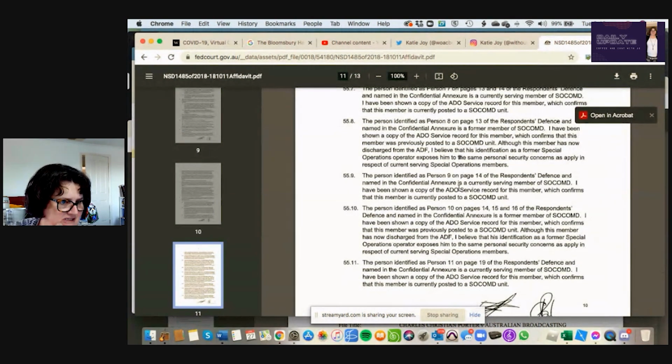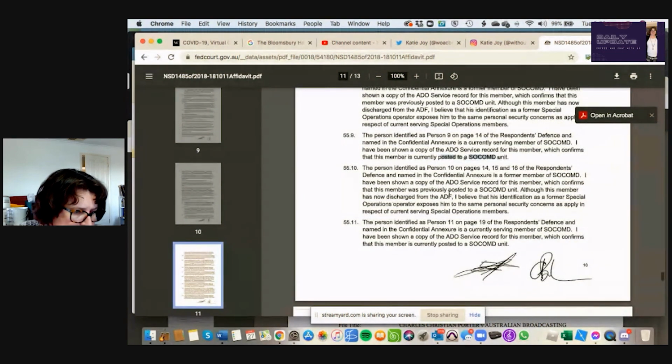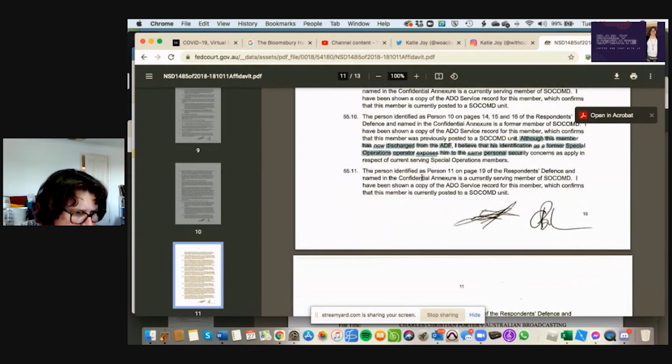Person 9 on page 4 is currently a serving member of the SOCOMD, currently posted to a unit. Person 10 is a former member of the SOCOMD, although the member has been discharged. Person 11 on page 19 is currently a serving member of the SOCOMD, posted to a unit.